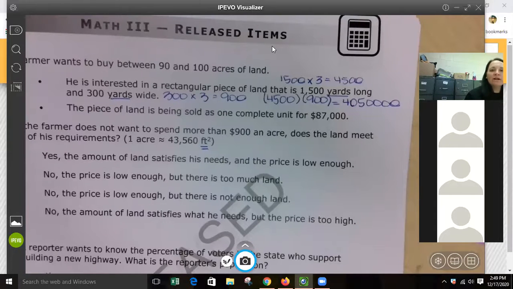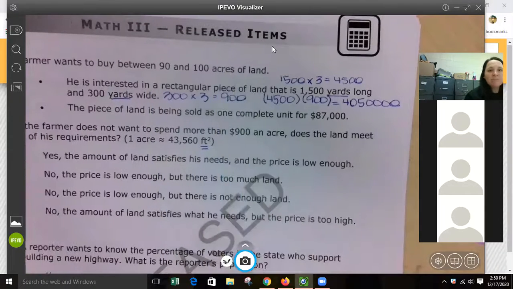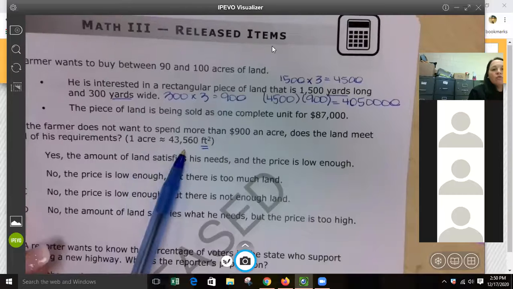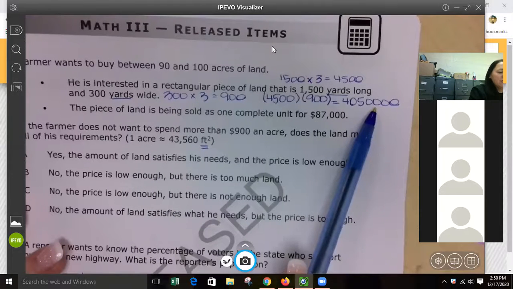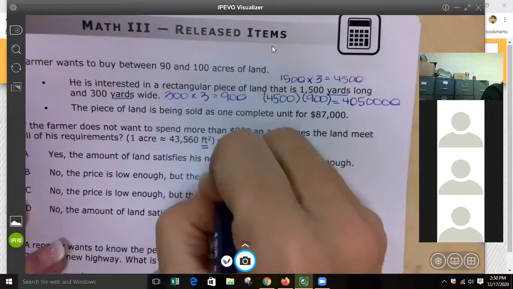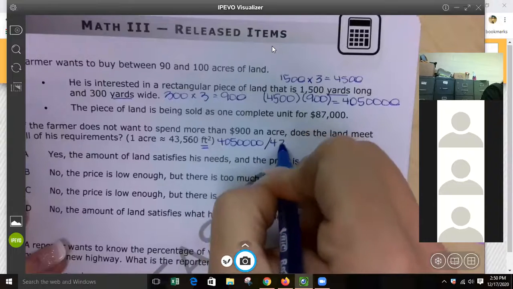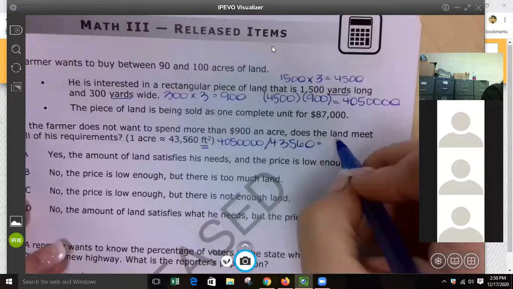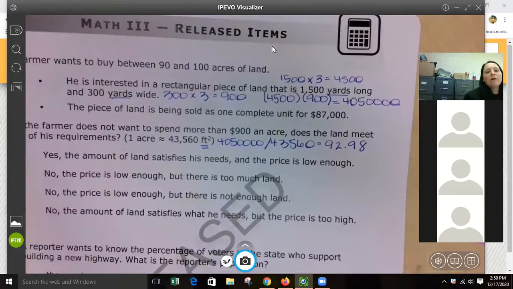But it doesn't want square footage. What does he want? 90 to 100 acres. So we have a conversion. 1 acre is 43,560 feet. So how do I get this into acres? Divide it. And when I divide that, I get 92.98.